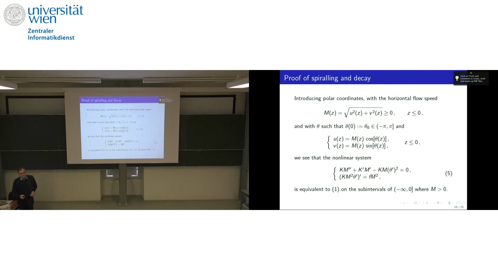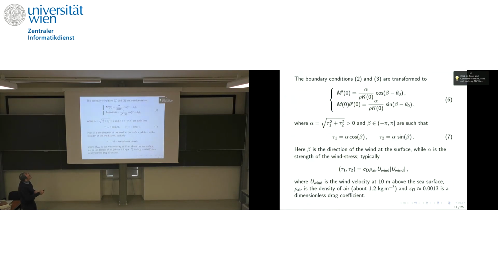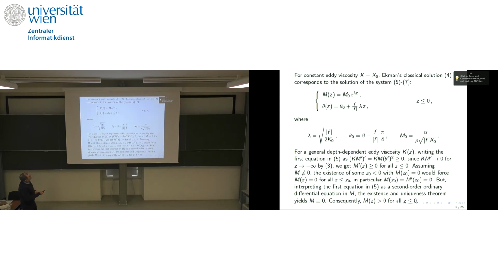Well, it's in the scale of M. The easiest way to see this is, yes, you can see it here. This is Ekman's classical solution written in polar form, and it's a coefficient of M. It's something that multiplies the speed.